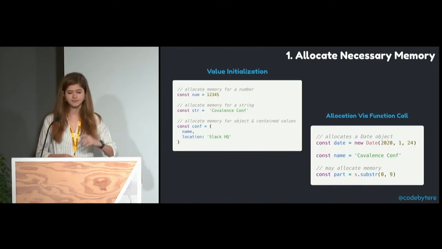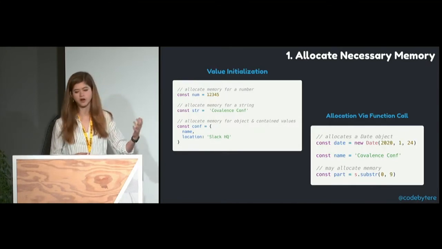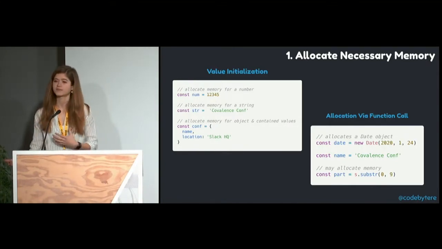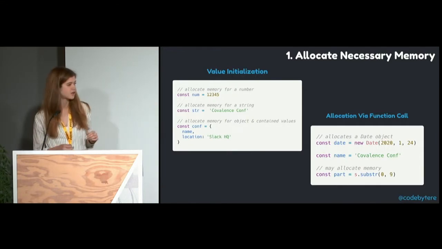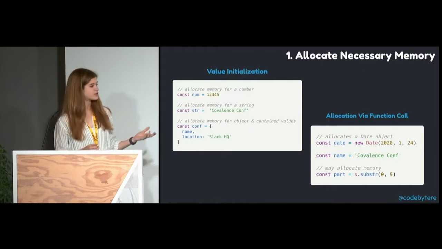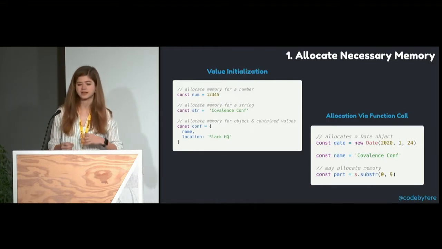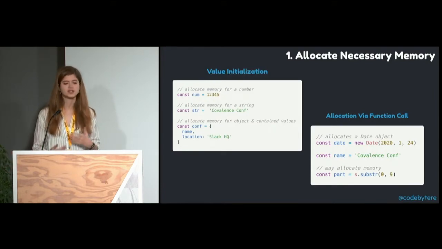On the right side, you can see some examples of memory allocation by means of function call. However, since it's not always perfectly clear-cut, at the bottom there, you can see a call to string.substring. Since strings are immutable values, JavaScript may actually decide not to allocate memory and just store the 0 through 9 range instead.